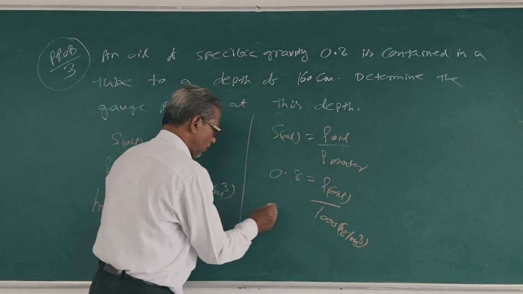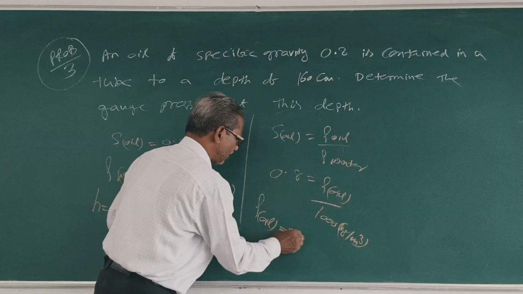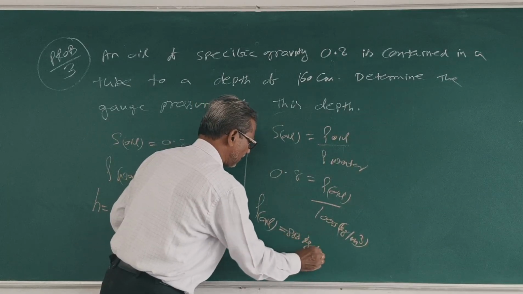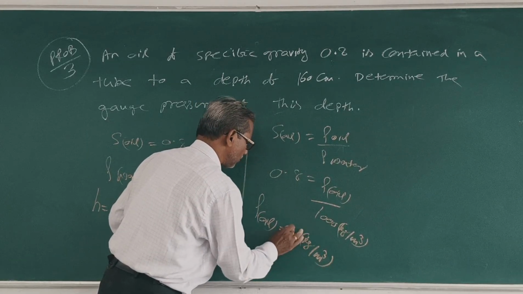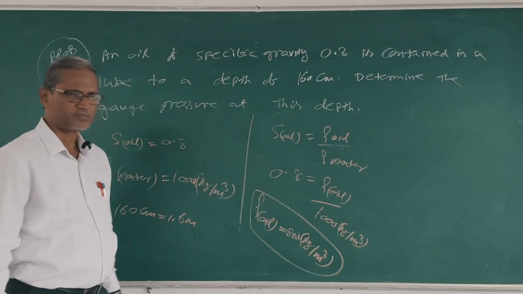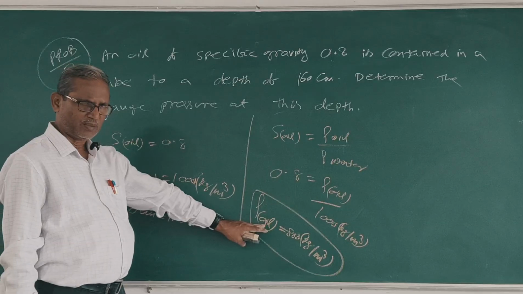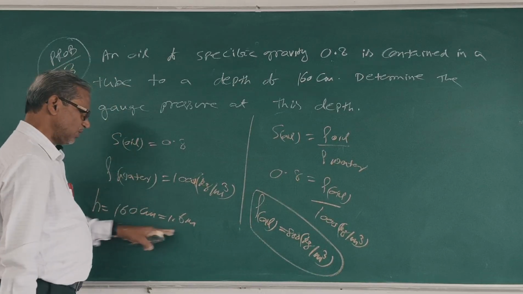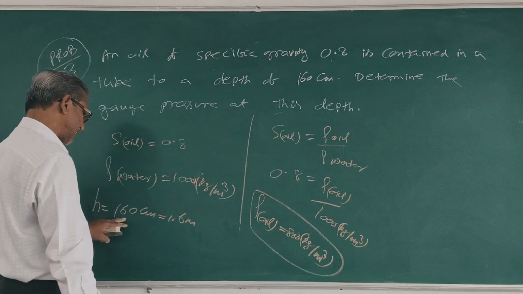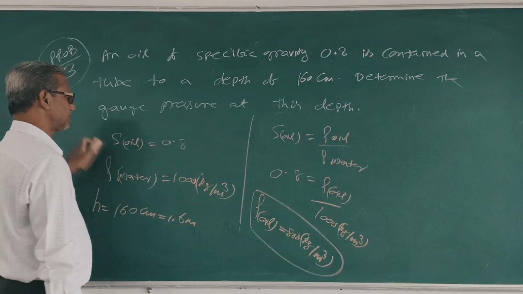So rho oil is equal to 800 kg per meter cube. Clear? Oil height is given, oil specific gravity is given. This height of the oil is 1.6 meter. What is the pressure? Rho g h.